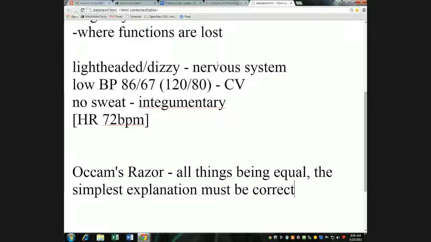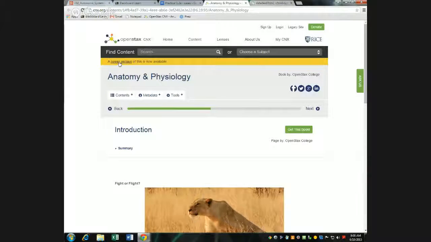Now, at this point, getting to the point to understand that this is a case about the autonomic system, I want to give you a little bit of an introduction to what the autonomic system is. At its simplest, the autonomic system is responsible for controlling homeostatic mechanisms in the body.